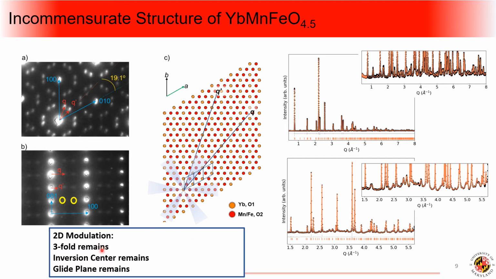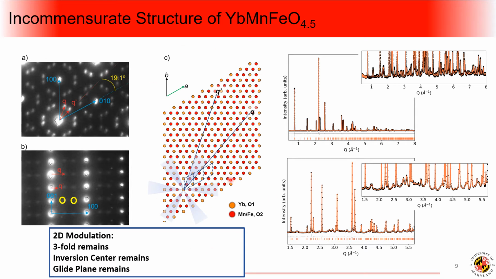One is that the threefold rotation axis still applies for the modulation vector, and the invariant center remains. And of course, we find that the glide plane symmetries can still be applied on the modulation vector. So it's still highly symmetric.